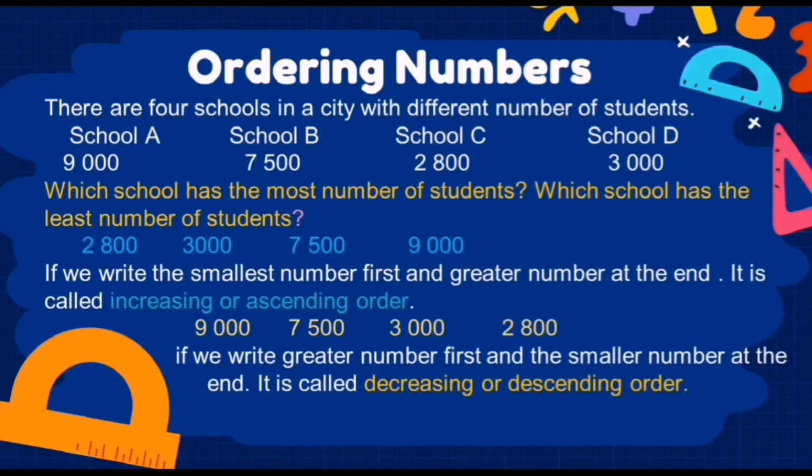We can arrange the numbers from smallest to greatest, and we write the smallest number first and the greater number at the end. You can see here that I have written 2,800 first, then 3,000, then 7,500 and at the last 9,000. If we write the smallest number first and the greater number at the end, it is called increasing or ascending order.